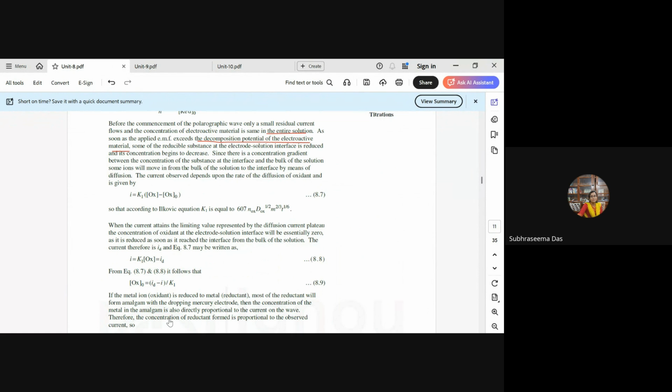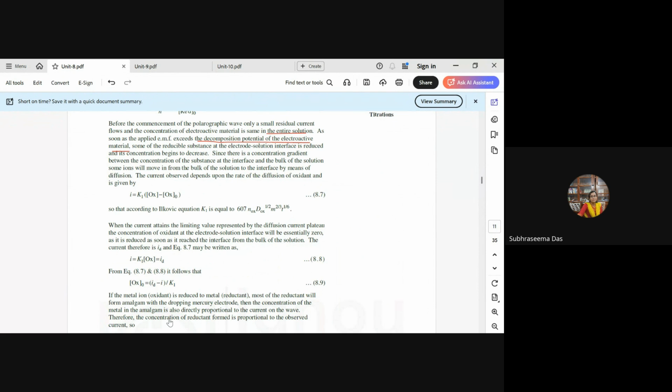According to the Ilkovic equation, we know the value of K1, which is equal to 607 n D of oxidant to the power half, m raised to the power 2/3 and t raised to the power 1/6. So here we have directly applied the value of I from the Ilkovic equation.